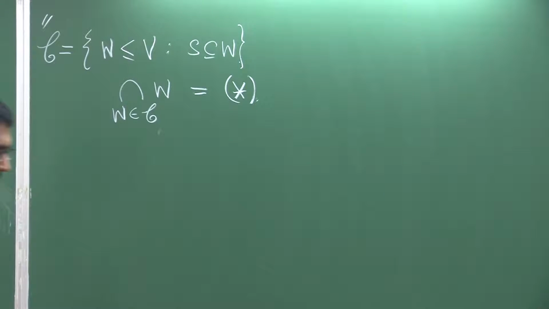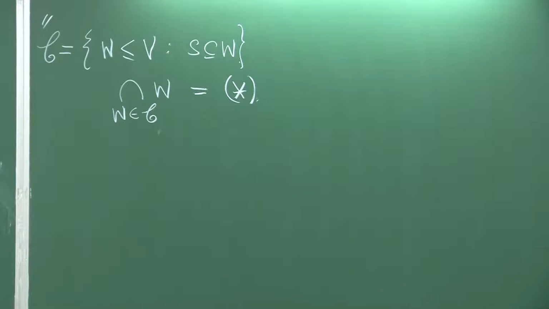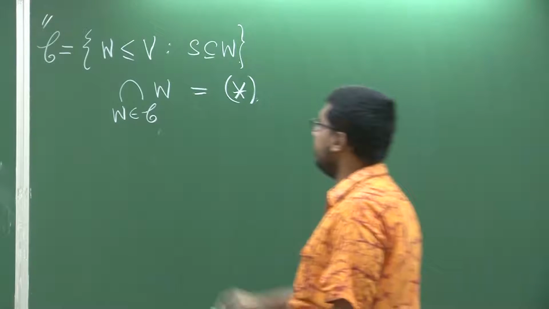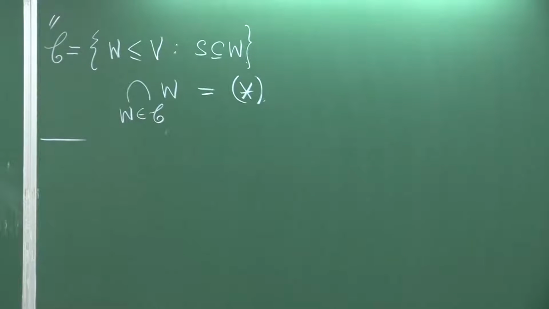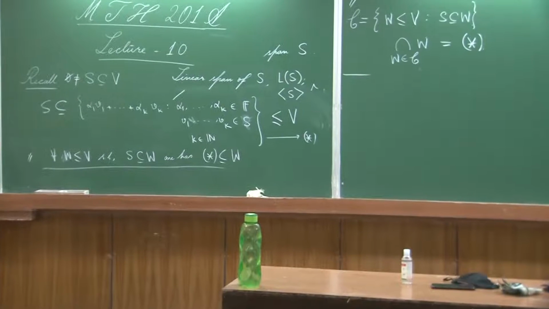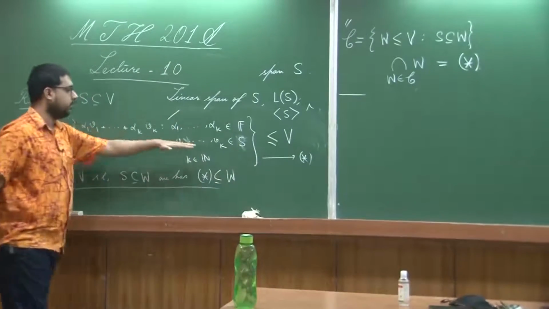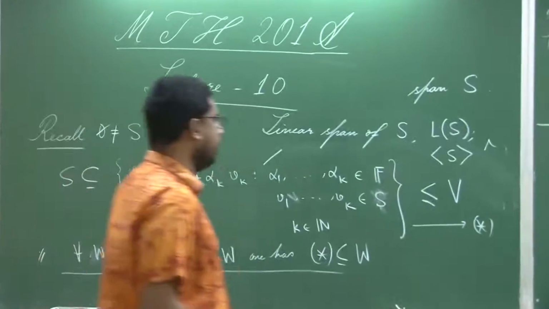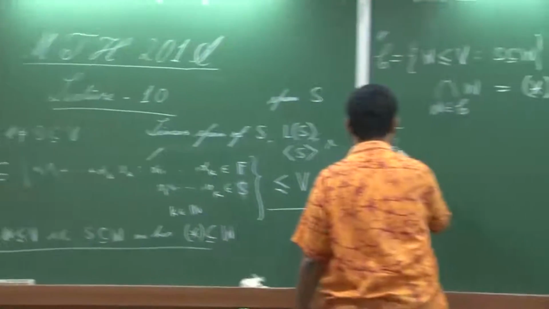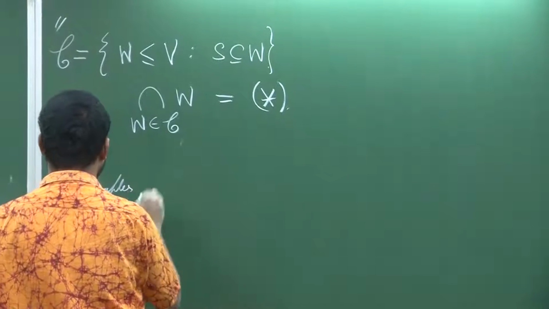Now, to make sure that you have understood the concept of linear span, though the description is very clear and explicit, still let us look at some examples of the linear span of a set.